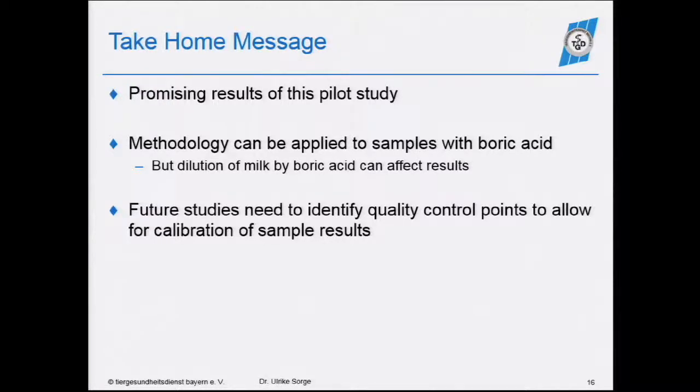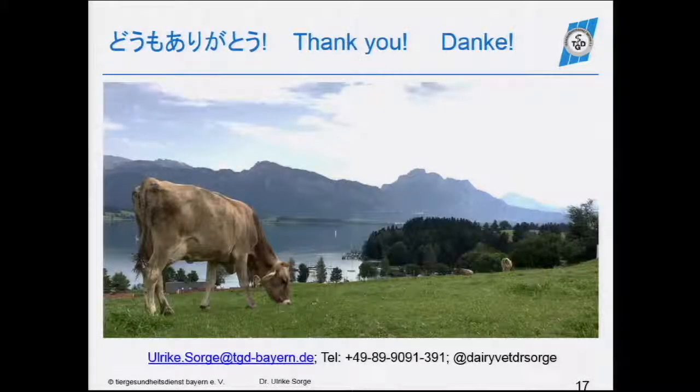And unfortunately, like I said, the machine doesn't allow for the analysis of the metabolites with boric acid, so I'm not sure what the quality control will be, but just make sure that your samples work, and then you have good results. So with that, I say thank you very much.